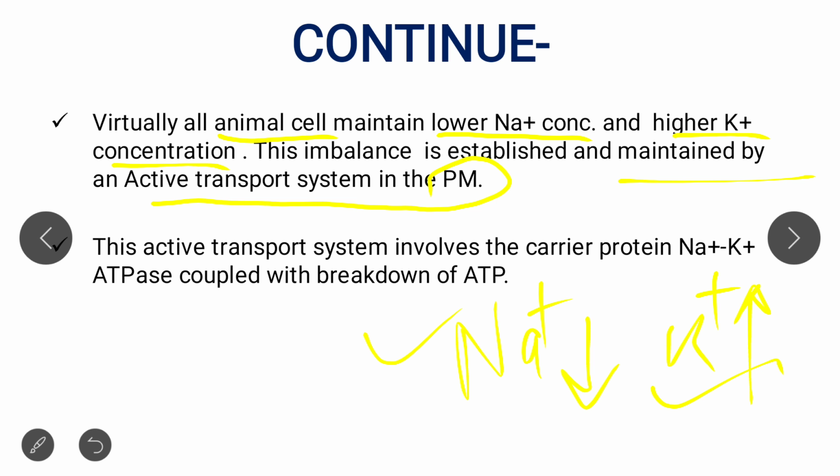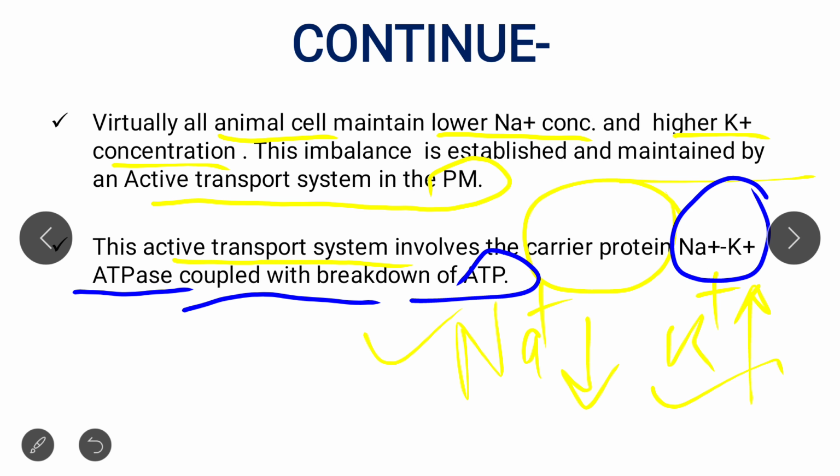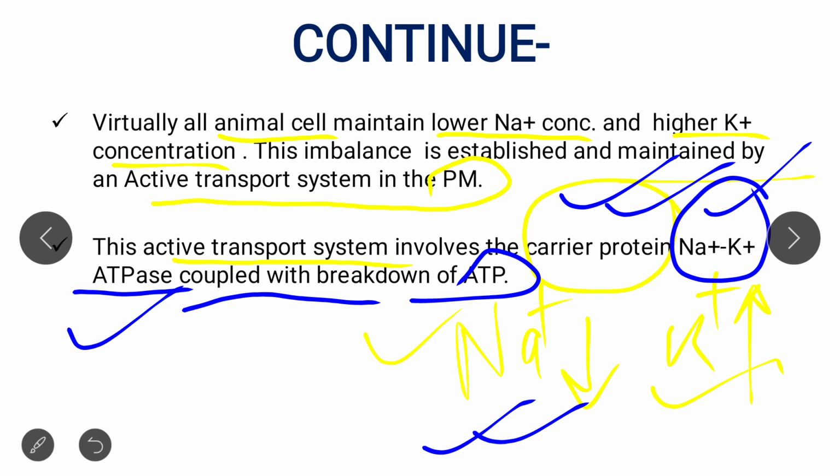This active transport system involves a carrier protein, sodium potassium ATPase, which is coupled with the breakdown of ATP.